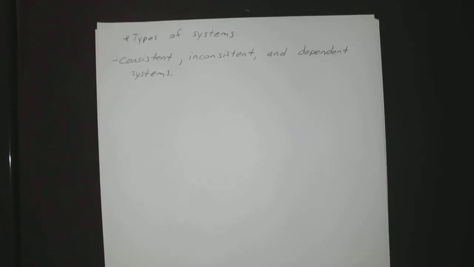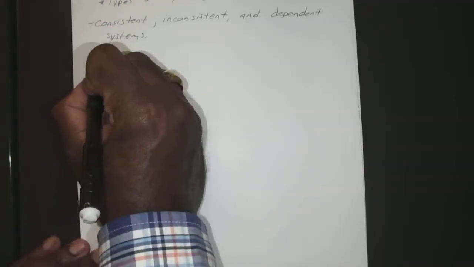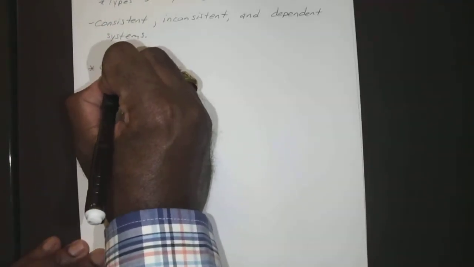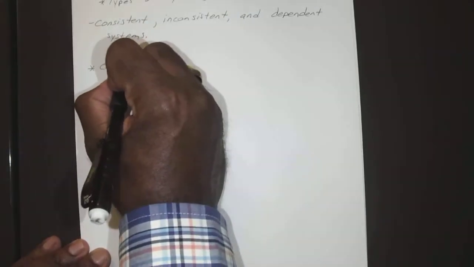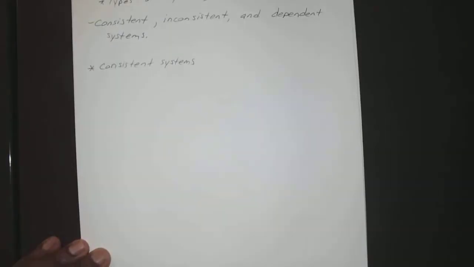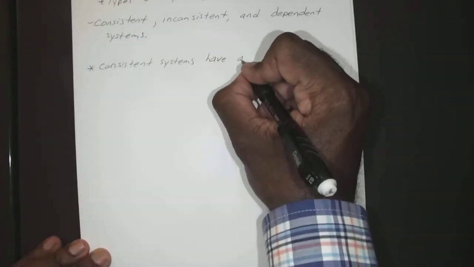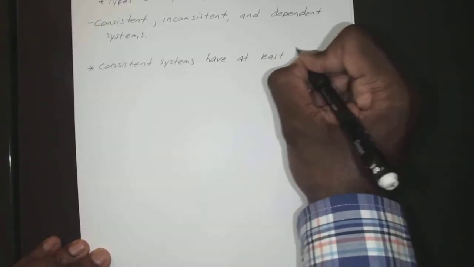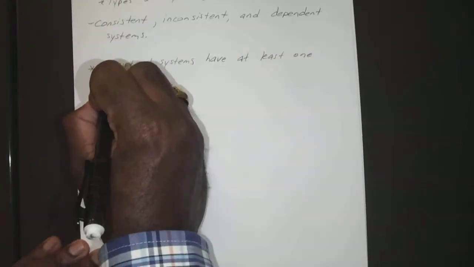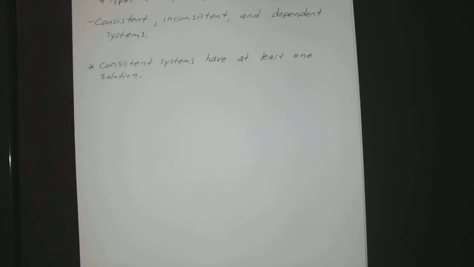To get a visual for each one, we'll start off with the consistent. Those have at least one solution. Now it may have more than one, but it has at least one.